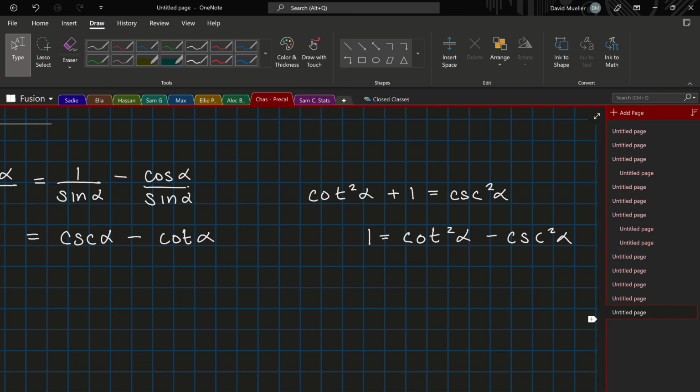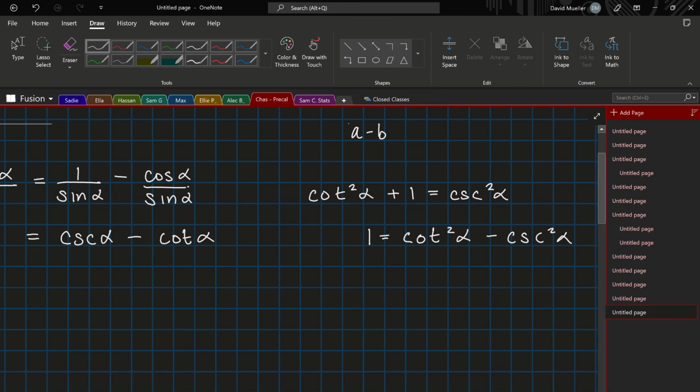You know what a conjugate is, right? I think so, yeah. If I have a minus b, what is the conjugate of a minus b?